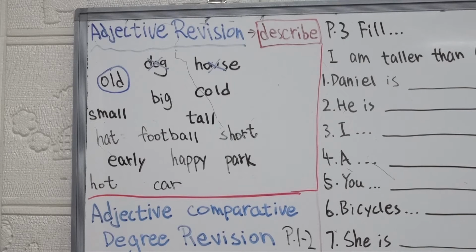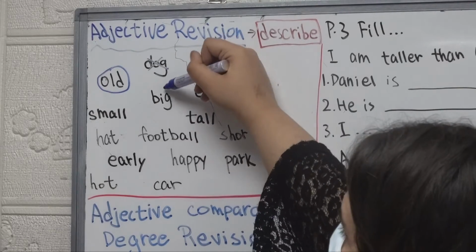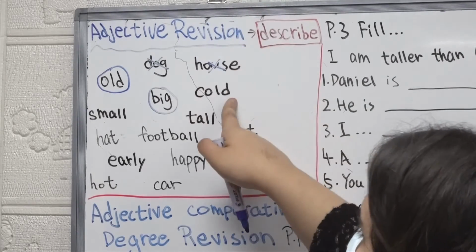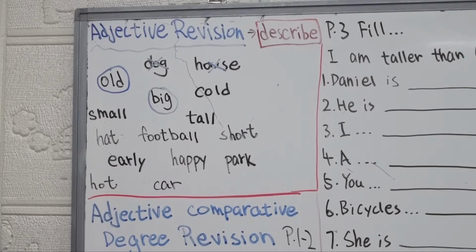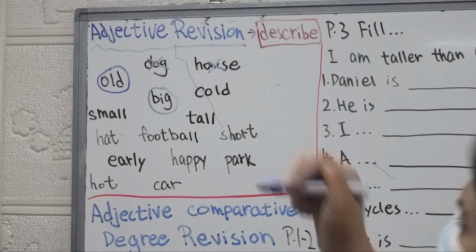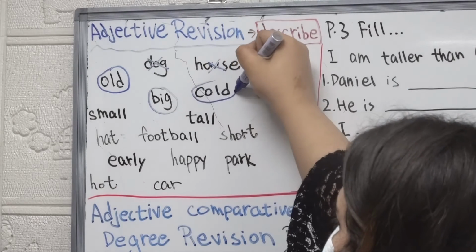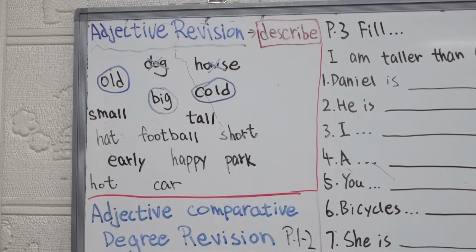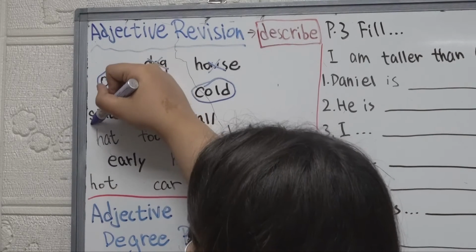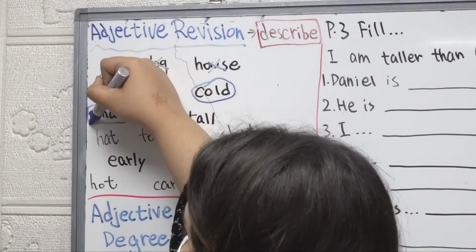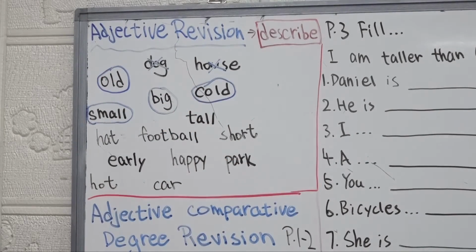All right, how about big? Yes, it is an adjective. It's used to describe something. Cold, is it? Yes, cold is one of the adjectives, right? Maybe cold weather, right? Next one, small, is it? Yes, it's an adjective. It describes something. Next one, tall. Is tall an adjective?